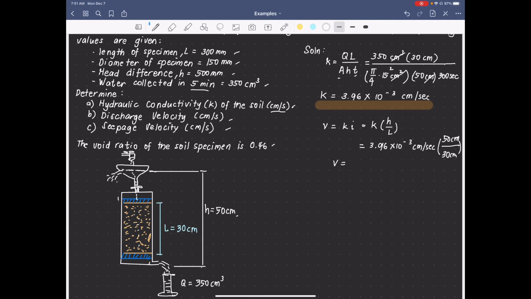So V, or the discharge velocity, would be equal to 6.6 times 10 to the negative 3 centimeter per seconds.